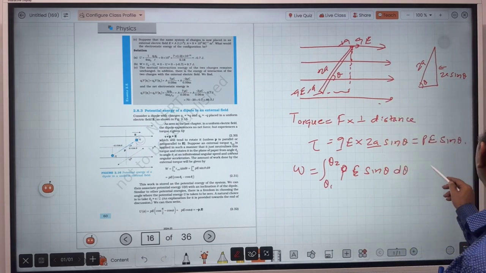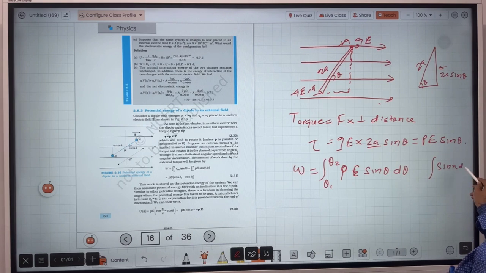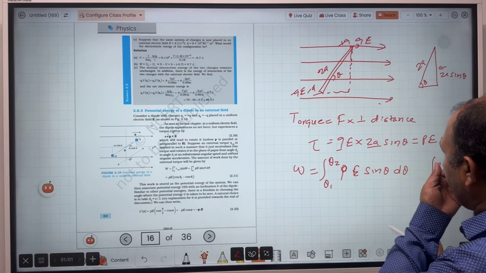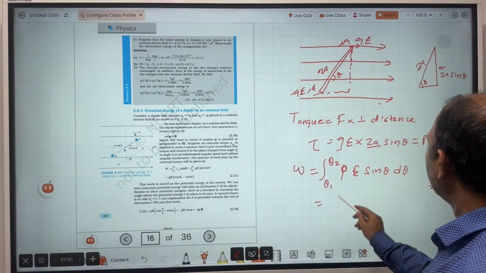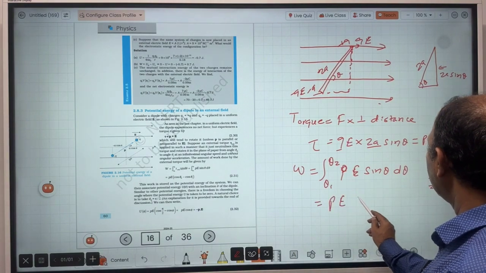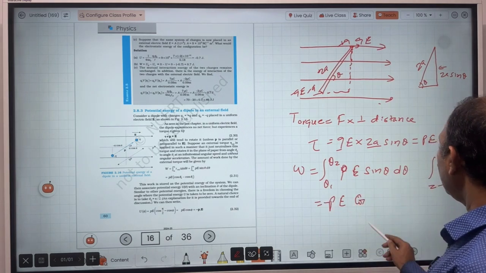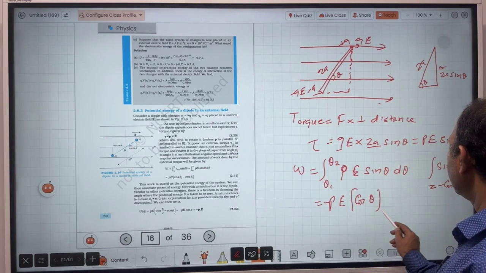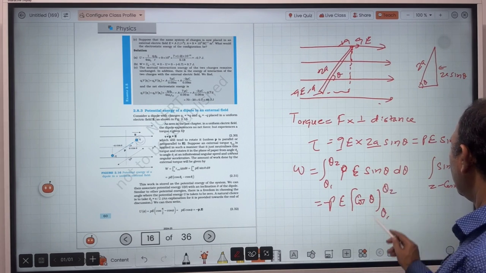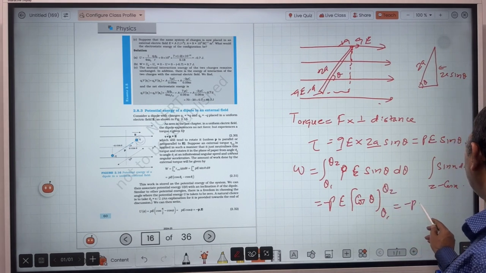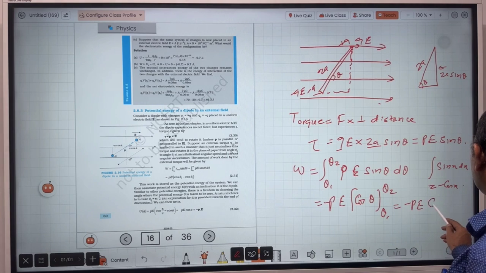If you remember, I told you that the integration of sine x dx gives minus cos x. So here this is PE and minus cos theta with limits theta 1 to theta 2. So you can put in the limits: minus PE times cos theta 2 minus cos theta 1.